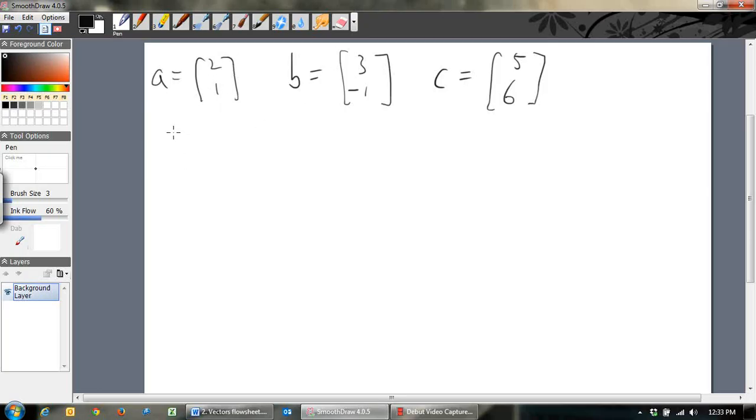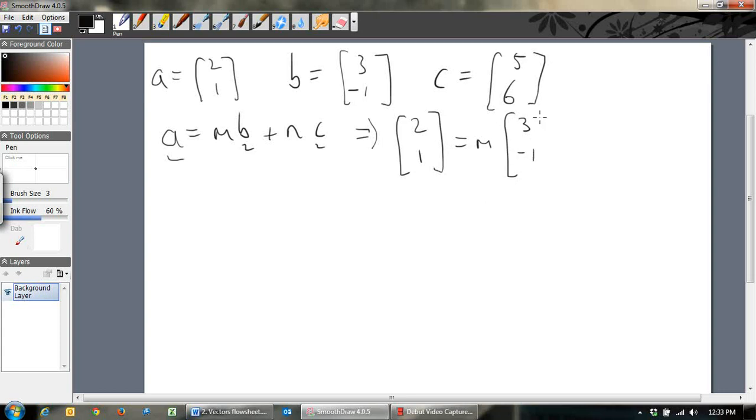Can we write A equal to mB plus nC? Can this be done? So what does that look like? We've got (2, 1) equals m times (3, -1) plus n times (5, 6).